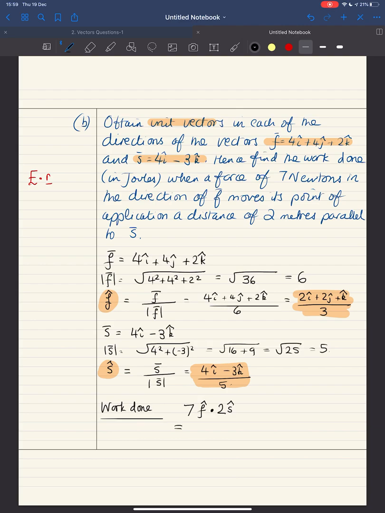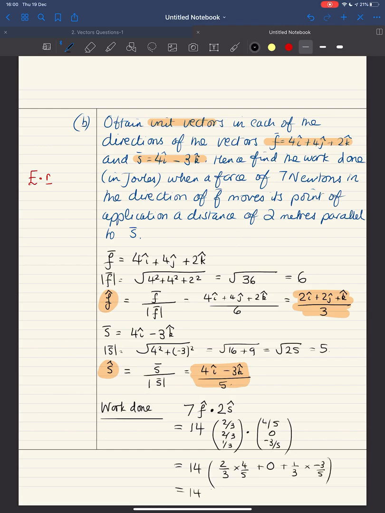So that is going to be 14, and this is going to be (2/3, 2/3, 1/3) dotted with (4/5, 0, -3/5). And this is going to be 14 times 2/3 times 4/5, plus 0, plus 1/3 times minus 3/5.